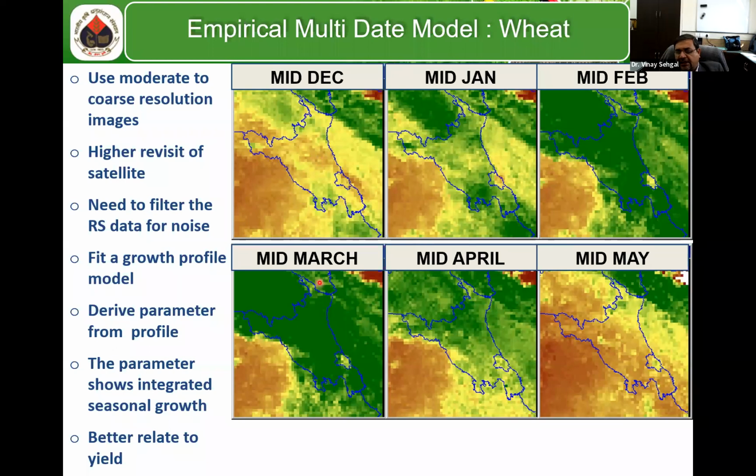And again, the data here is NDVI. From mid-December to mid-January, it is becoming green. So we call it the green wave. By mid-February, it is becoming very green, Haryana, Punjab. Mid-March, again, it is greening. And then mid-April, it is browning.